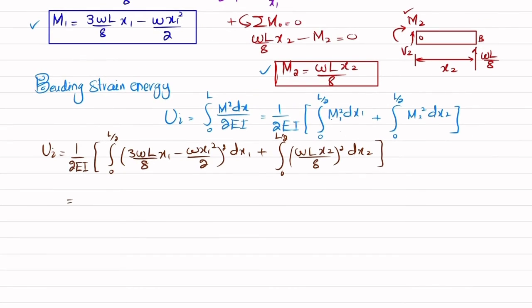Now if you apply the formula (a minus b) whole squared, it will be equal to 1 over 2EI integral from 0 to L by 2.